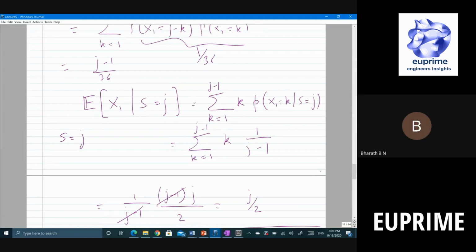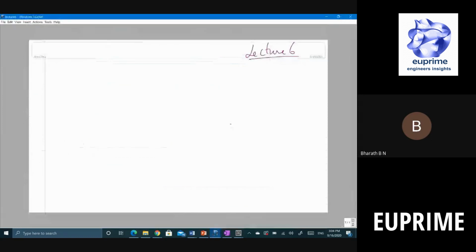What is s? S is x1 plus x2, right? Supposing x1 itself takes a value of j, what should x2 be? It should be 0. What is the probability that x2 equals 0? It is 0, because there is no side called 0 on your dice. If you throw a dice, is it possible to get 0? No, right? That's the reason.